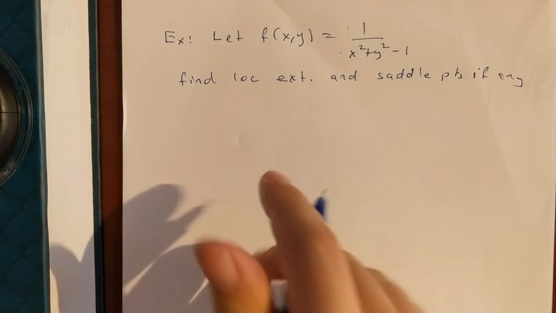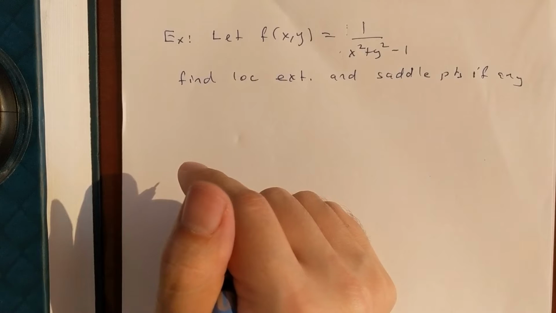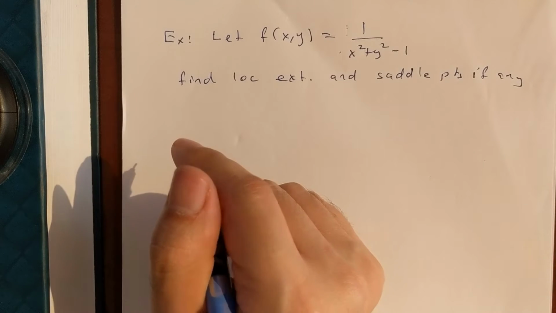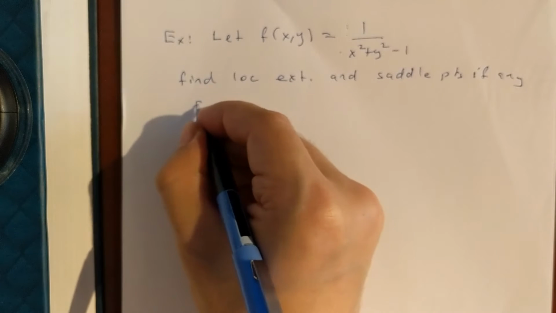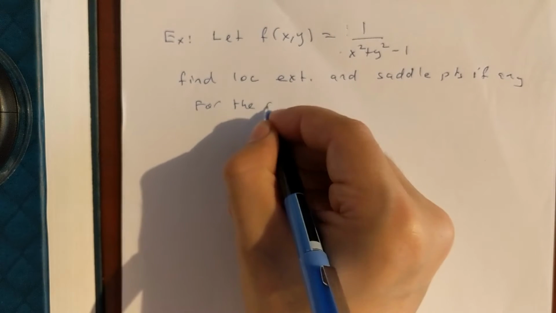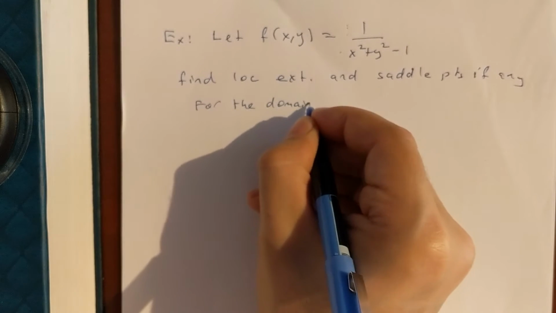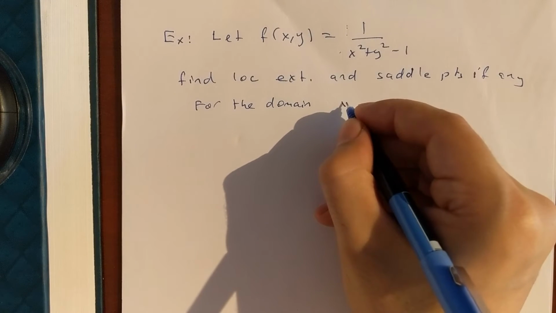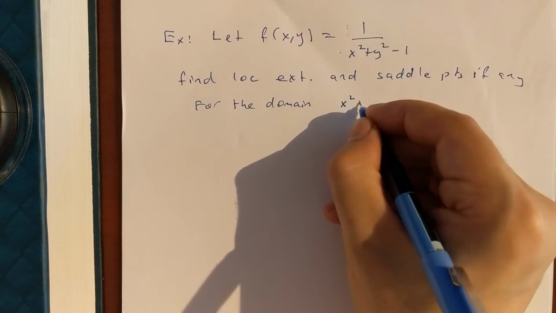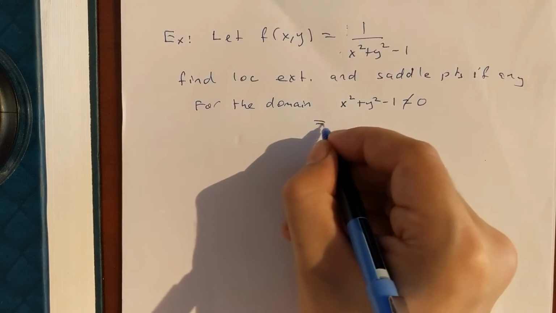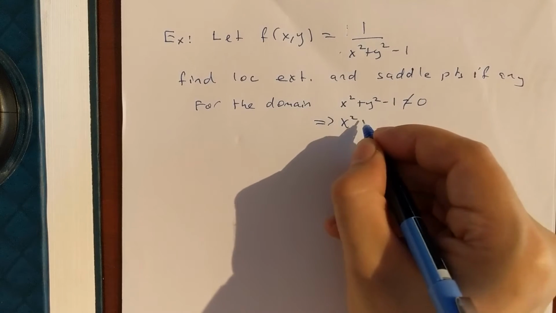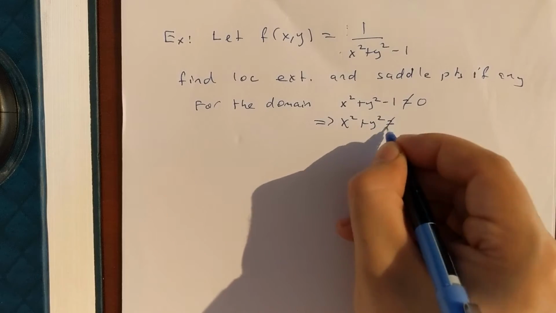So the first order of business is determining the domain of this. For the domain, the only bad values are when the denominator is 0. So we can't have x squared plus y squared minus 1 equaling 0, which of course immediately says x squared plus y squared cannot be equal to 1.